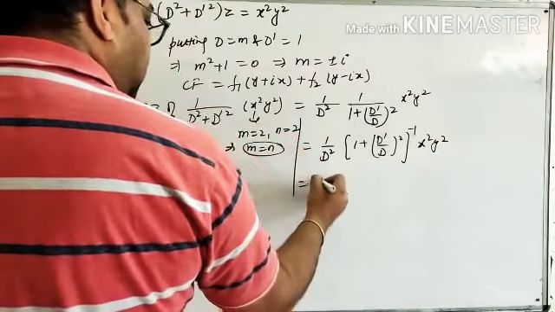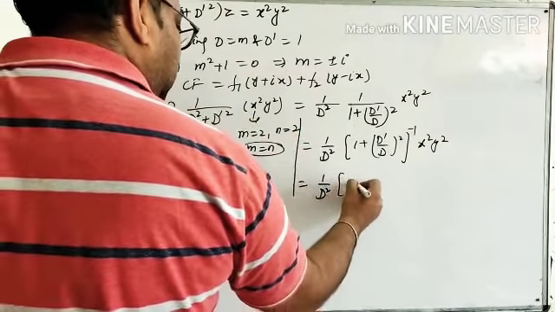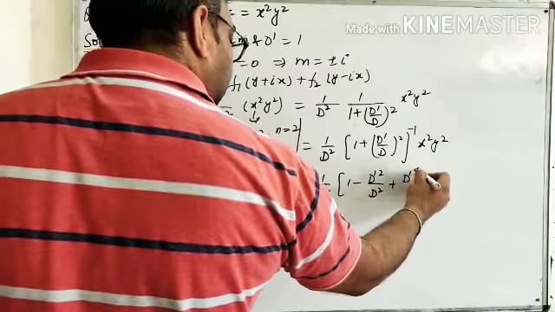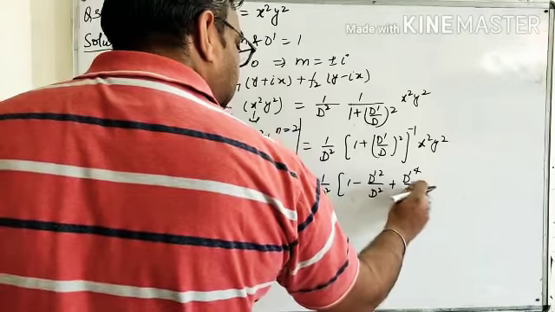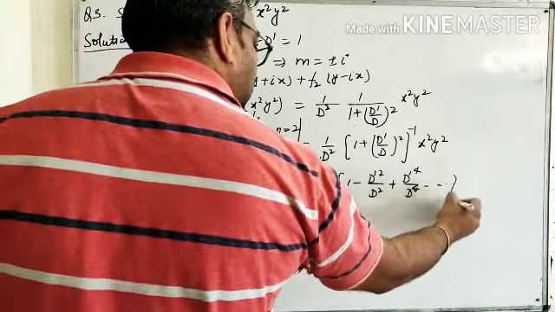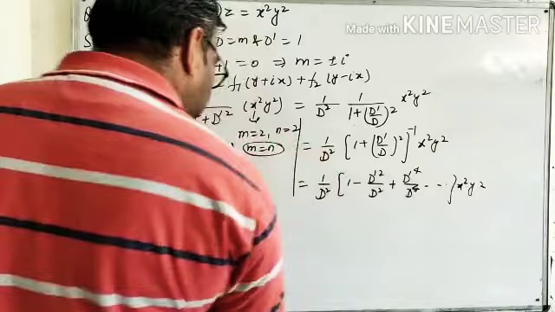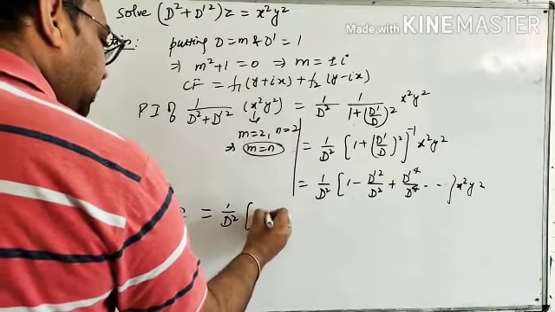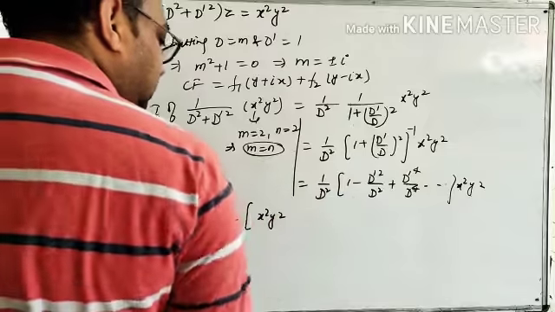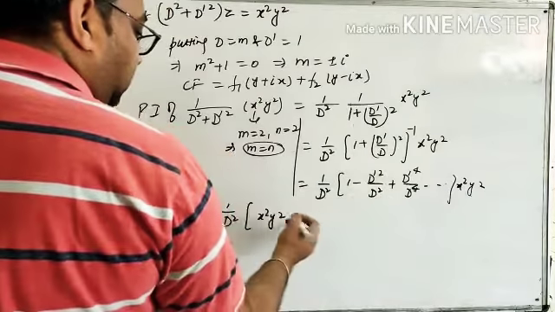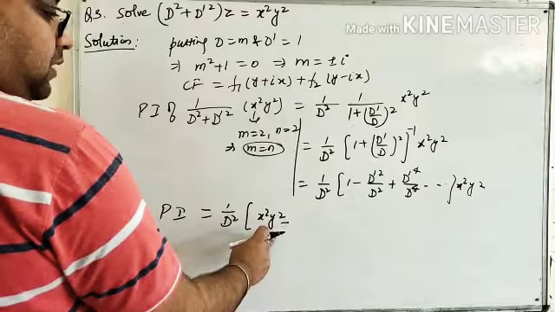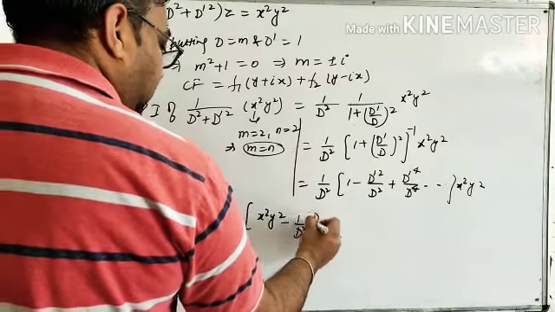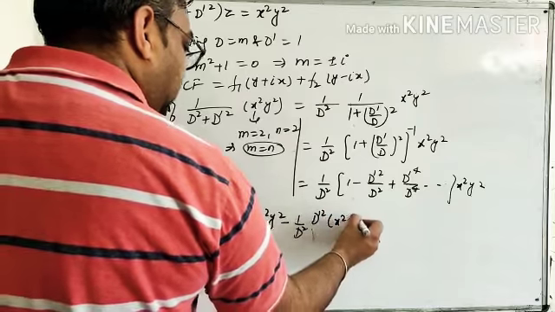Now we can open it by binomial, 1 upon D square 1 minus D dash square upon D square plus D dash power 4 upon D raised to power 4 and so on, x square y square. Now multiplying x square y square inside this particular bracket, we get 1 upon D square of x square y square minus 1 upon D square and D dash square of x square y square.